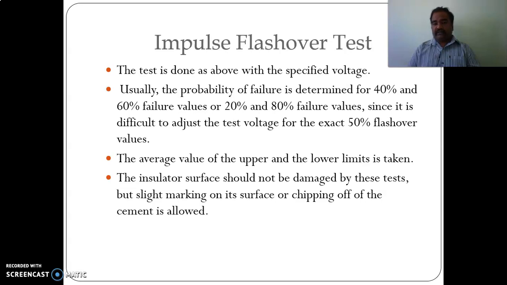So, the probability of failure is determined for 40% and 60% failure values, or 20% and 80% failure values, since it will be difficult to perfectly get the 50% flashover value. So, you are supposed to finally mention at least two different values. One is a 50% flashover value, the other one is a 100% flashover value for any given specimen. So, the average of the upper and lower limits of 40 and 60 or 20 and 80 will be taken up.